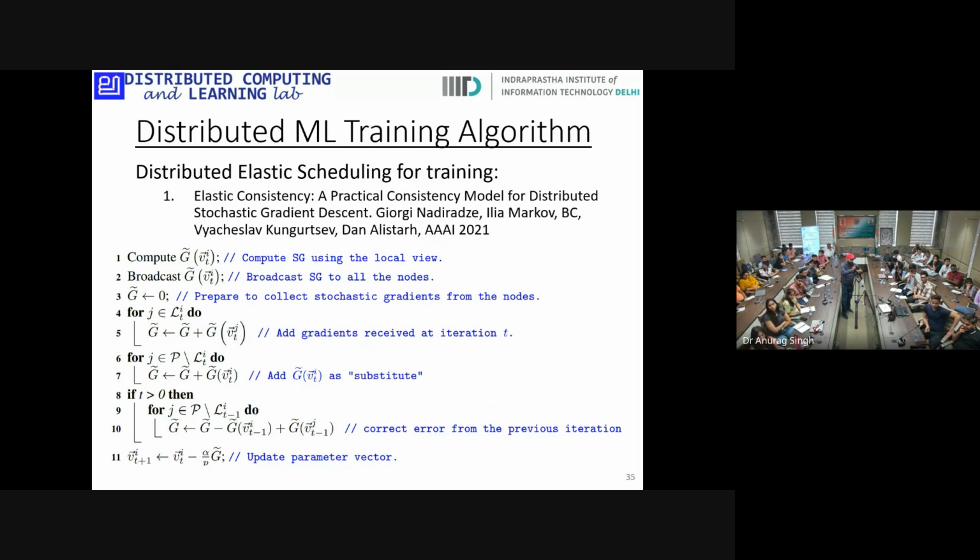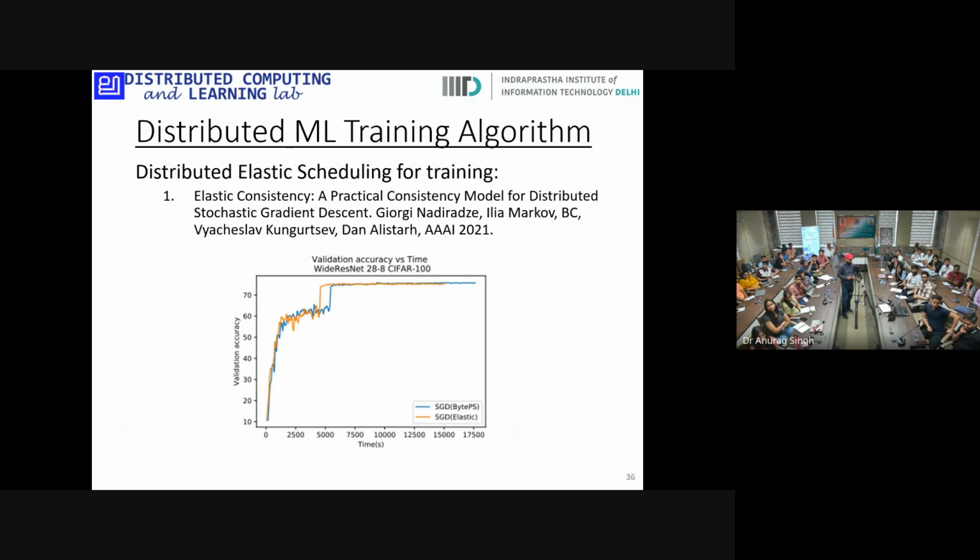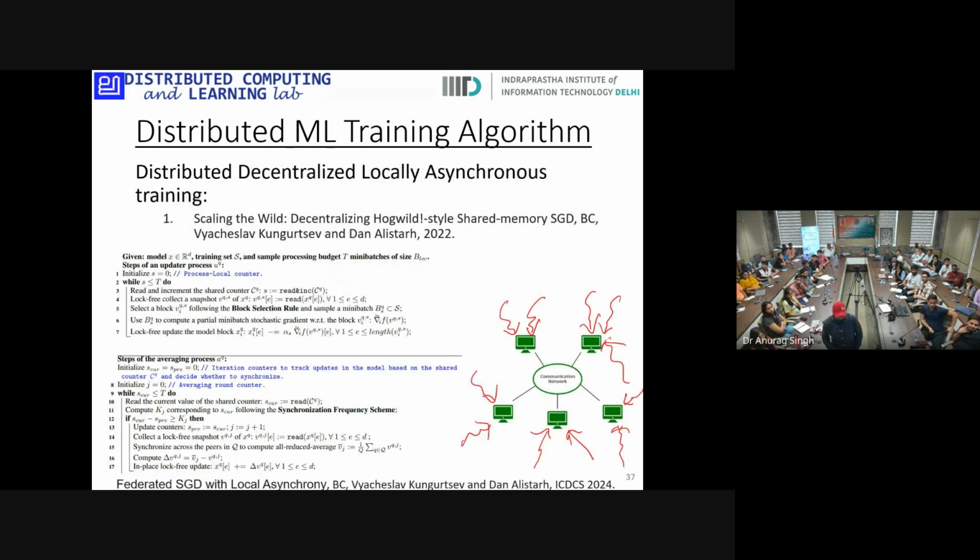This is our paper that was published in ICML 21, a very reputed venue in machine learning, where we give theory of all possible inaccuracies that can creep in distributed training. This is the result of one of our experiments. We showed that our asynchronous algorithm was faster compared to what existed at that point.